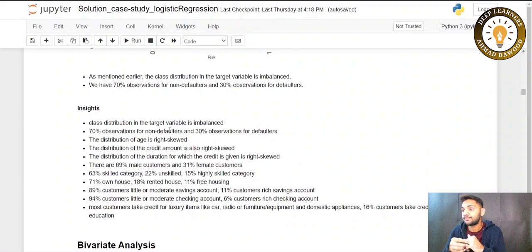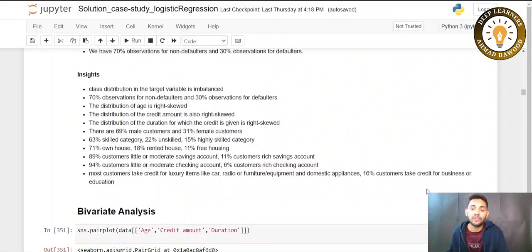There are more male customers, about 69%, and 63% of customers belong to the skilled category. 71% of persons have their own house, 89% of customers have a little or moderate saving account, and 94% have a little or moderate checking account. Most customers have taken credit for luxury items like car, radio, furniture, equipment, and the like, and just 60% have taken credit for business or education purposes.